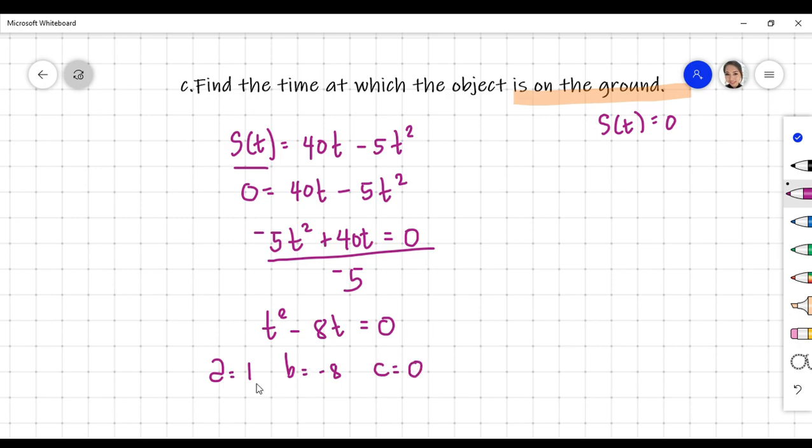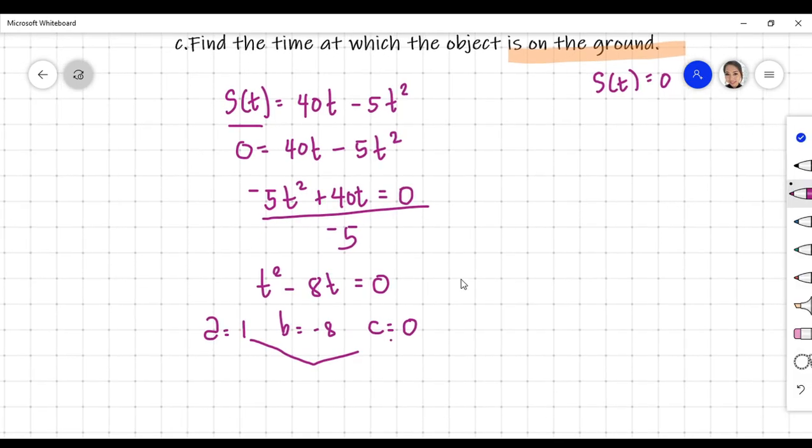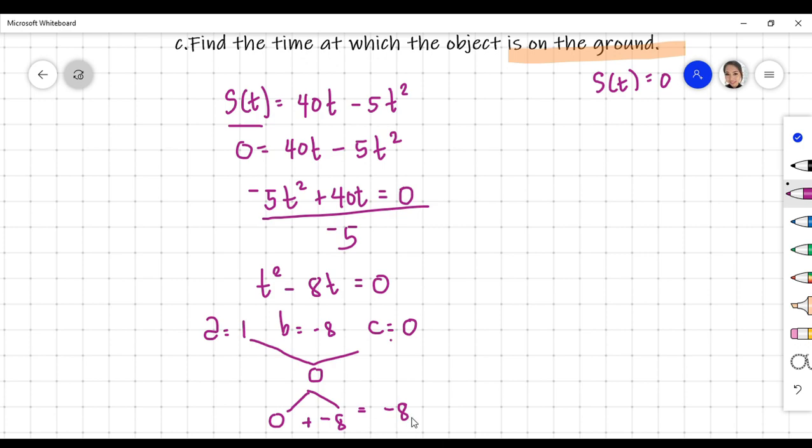So multiplying a and c, that is 0. And we have to find two numbers that when multiplied, it will be 0, but if we add them, it will be negative 8. So that is 0 and negative 8, because 0 plus negative 8 is negative 8, but 0 times negative 8 is 0.